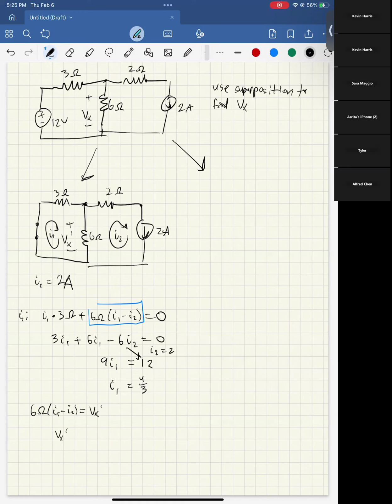Vx prime equals 6 times (4/3 minus 2). Whatever, you do the math, you get -4 volts. So this is our first thing. I'll draw a little dashed line down the middle.